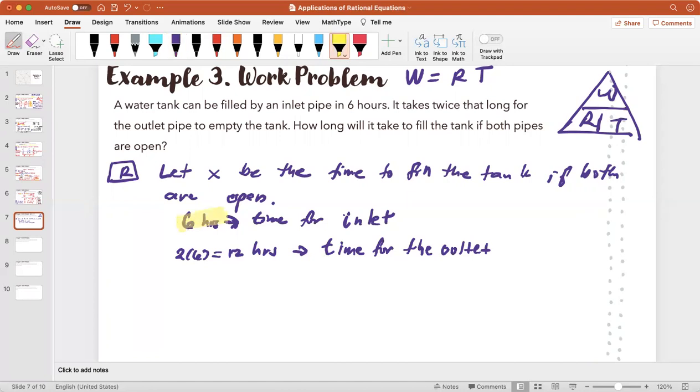So these are the times that we have: 12 hours, 6 hours, x. x if both are open.